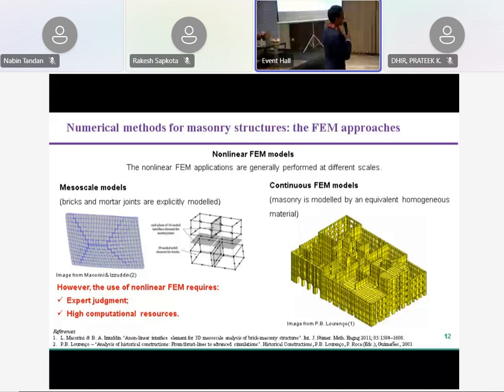It's very general, very powerful, and is reported on the left part of the slide, and consists in discretizing the masonry brick by brick. In this case, we call them mesoscale models. In the right part of the slide is the so-called macro scale representation, a finite element representation.